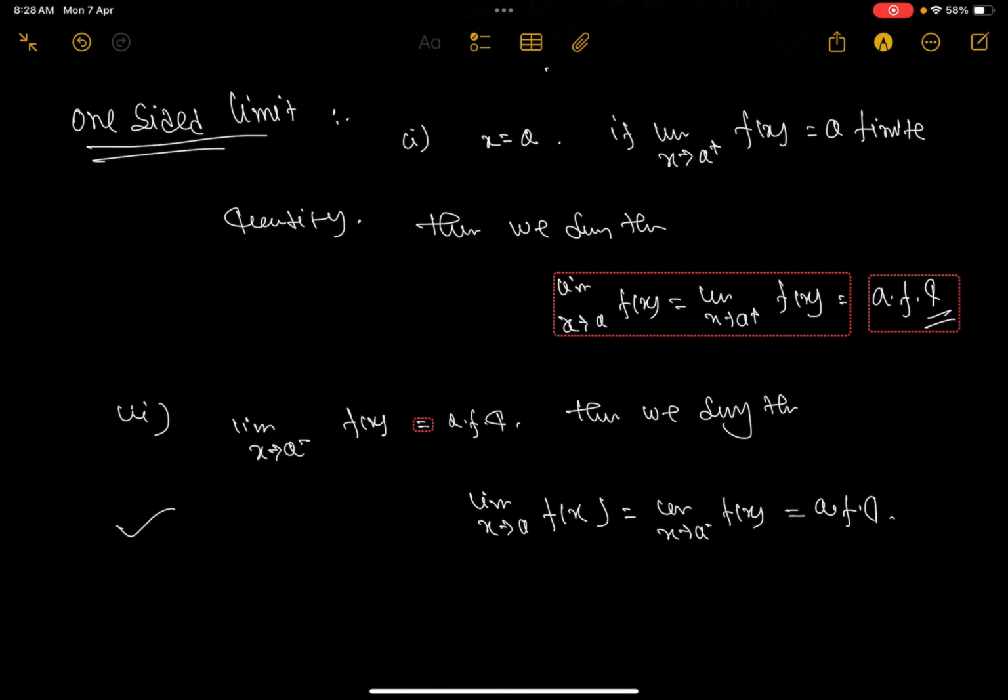But in this case, limit x tends to a plus f of x is not defined.